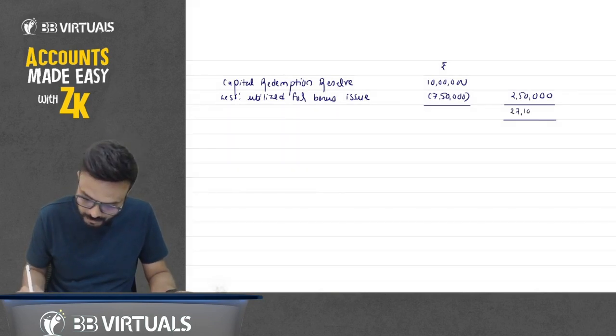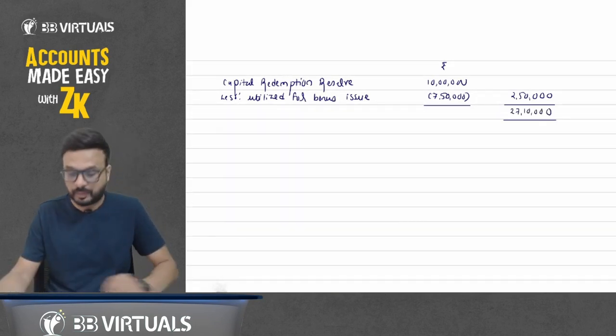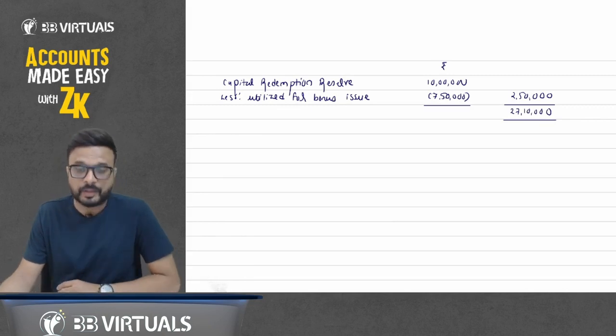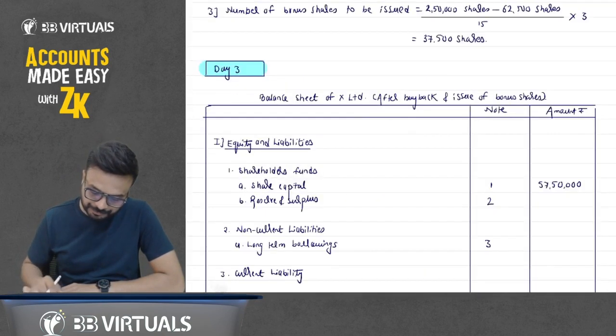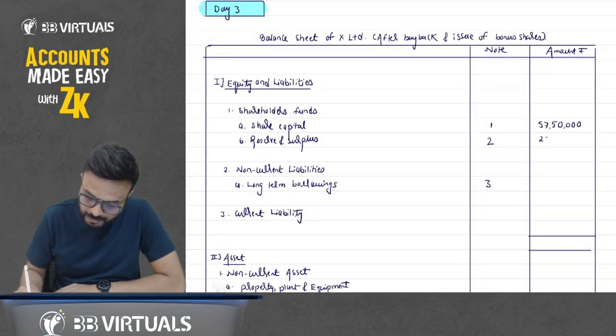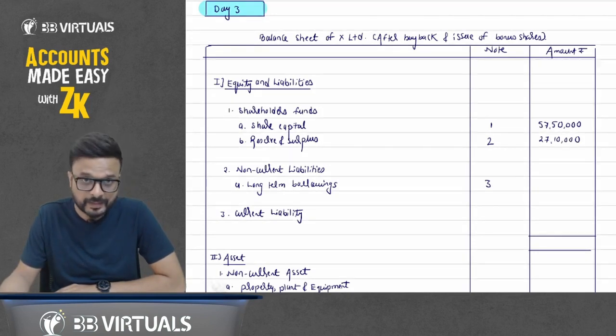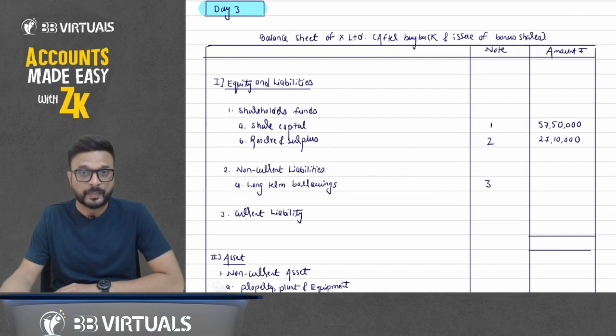So write down this 27 lakh 10,000 in the balance sheet. The total amount of reserve and surplus is 27 lakh 10,000.